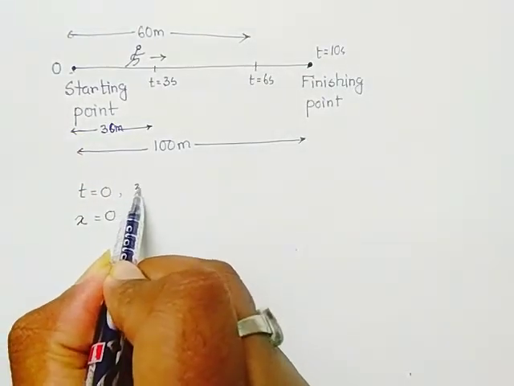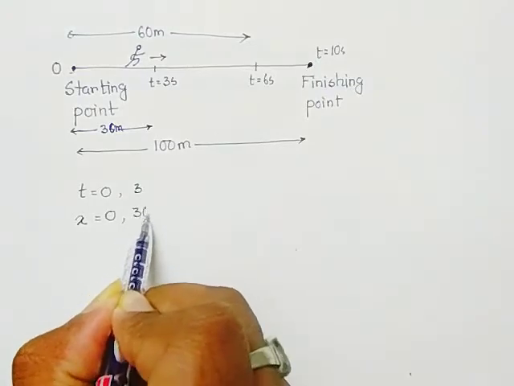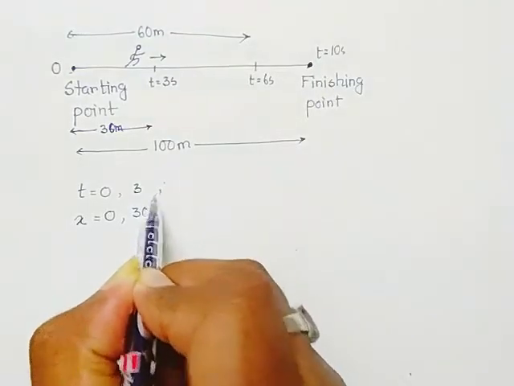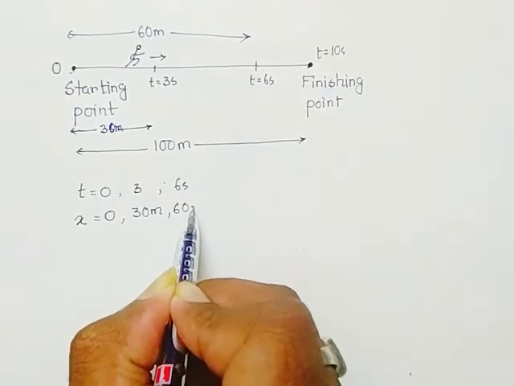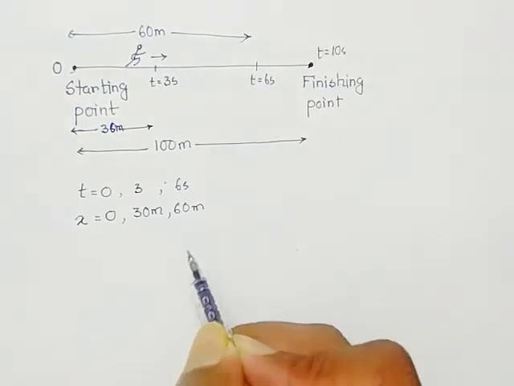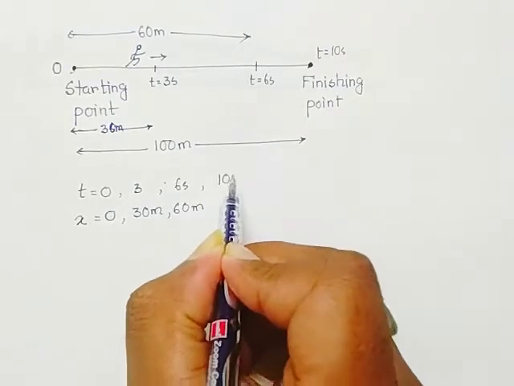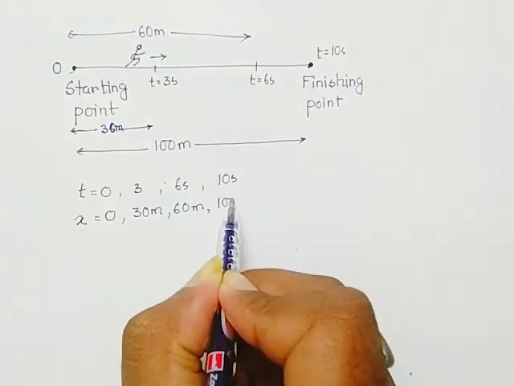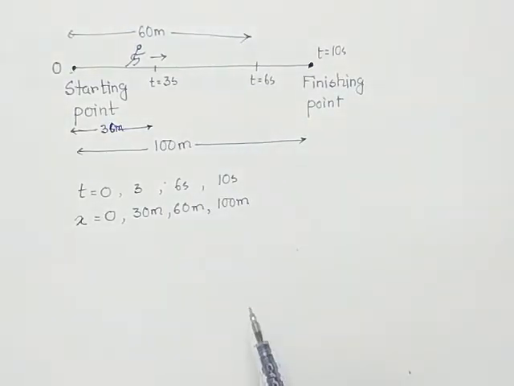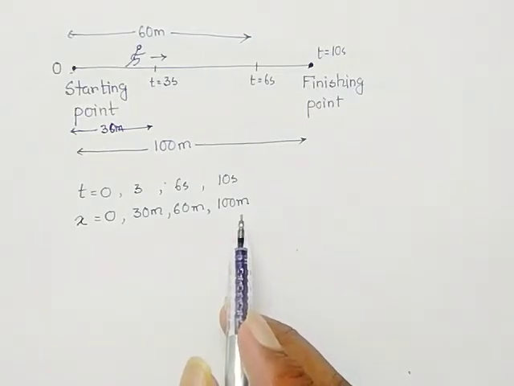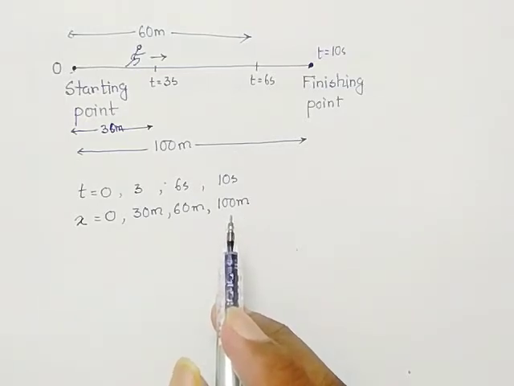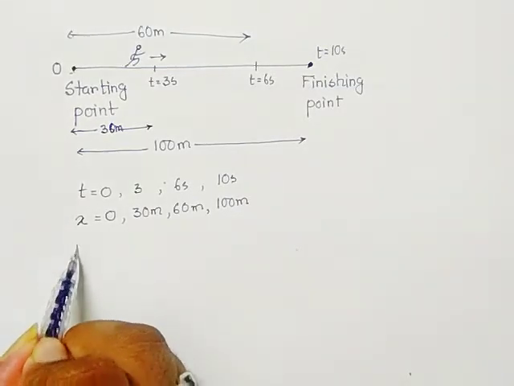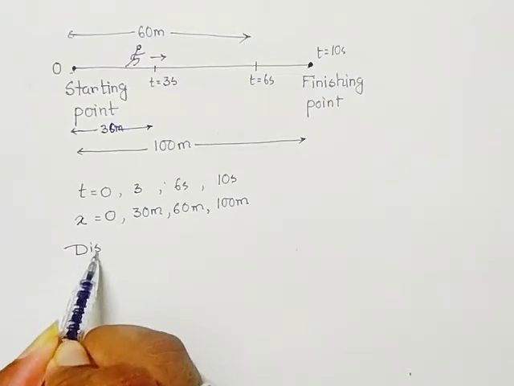When t equal to 3 seconds, he is at 30 meters. When t equal to 6 seconds, he is at 60 meters from the point of reference. When t equal to 10 seconds, he is at 100 meters. So these determine the distance from the starting point.